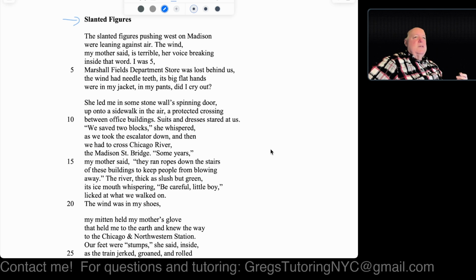Common symbolisms are love, death, the circle of life, the seasons, things that come to fruition and maybe repeat themselves. And it could be about the journey of life, if you will. Not only the circle of life, but the journey, starting off and becoming a person of the world, so to speak, and things like that.